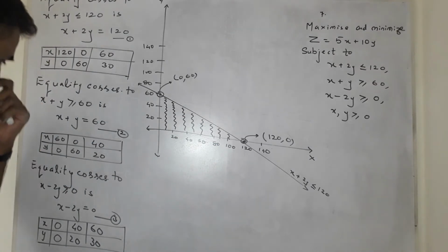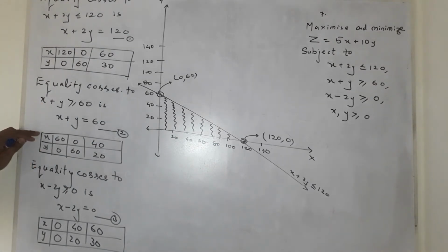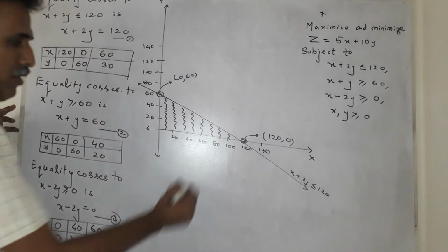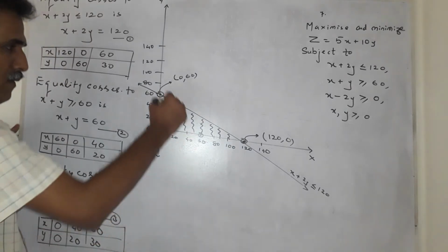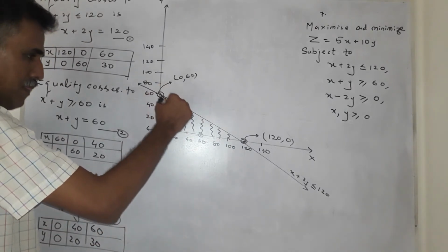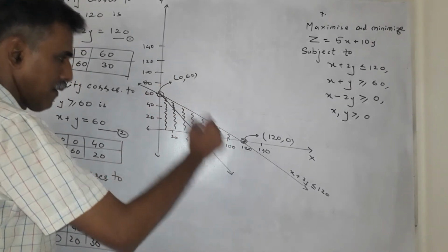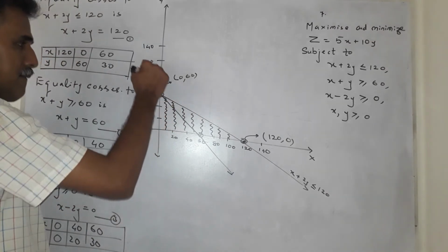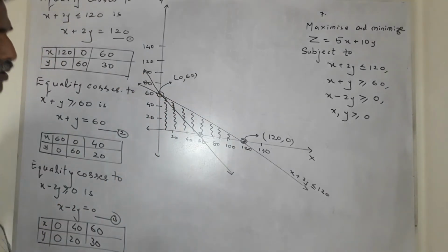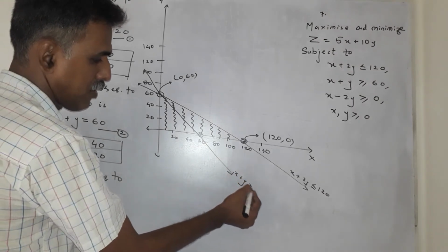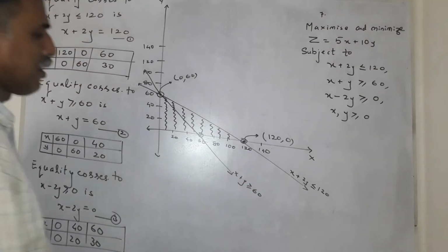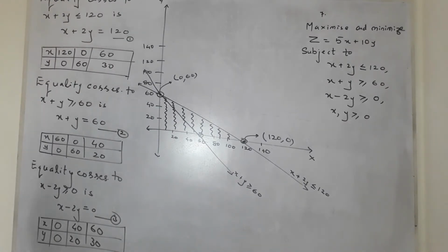We go for the other one. The x-intercept is 60 and the y-intercept is 60. The inequality is x plus y greater than or equal to 60.